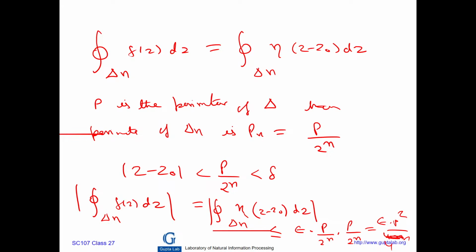So mod of z minus z naught is less than p times 2 raised to power n. Mod of eta is less than epsilon, and this is p times 2 raised to power n. This whole thing is capital L, remember in that inequality. So the whole thing becomes this, and making epsilon tend to 0, you are done, right?